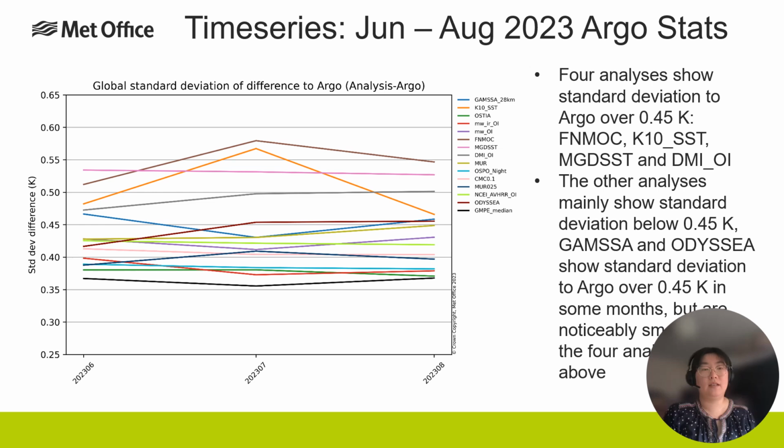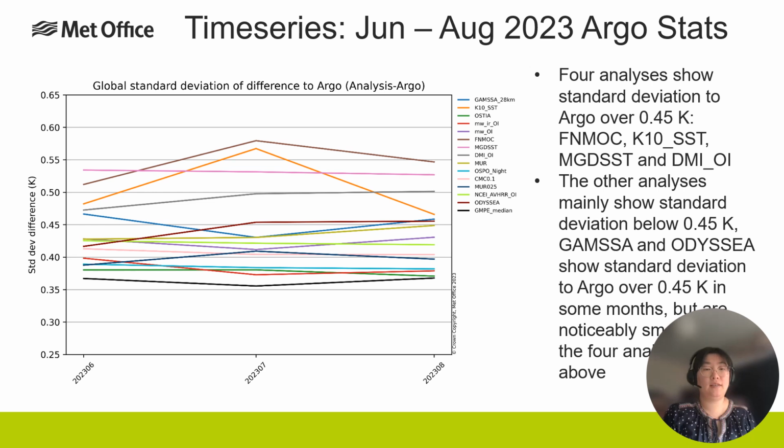In terms of standard deviation, and this time again separating them into two halves, one half where the analyses have a standard deviation above 0.45 Kelvin and the rest below 0.45 Kelvin. For all the analyses that we're focusing on in this study, they're all below 0.45 roughly.